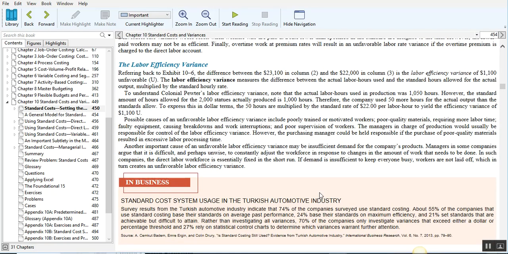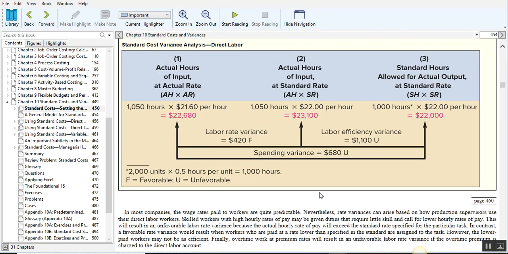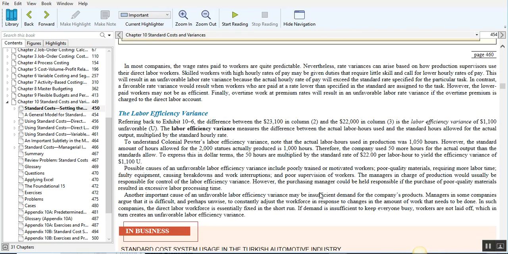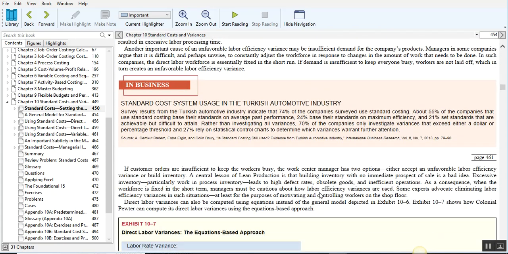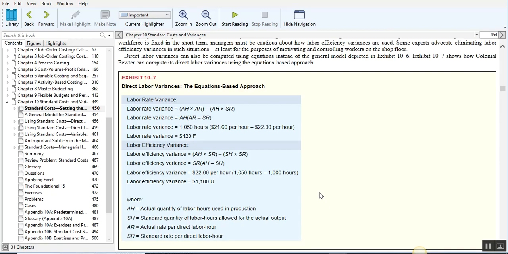Okay, so those are both the labor efficiency variance and the labor rate variance. And that's basically our analysis of direct labor costs. You can see here we rewrite the equation in the same way for the labor rate variance.